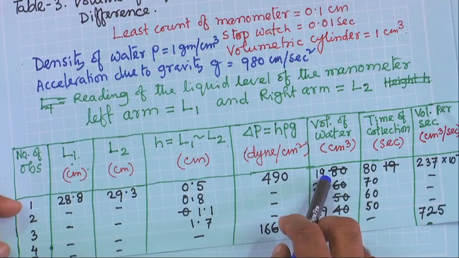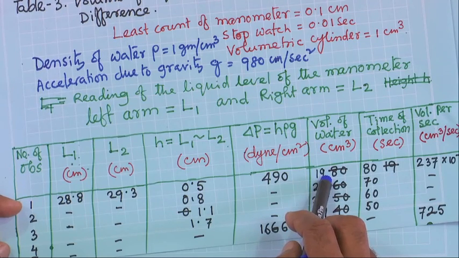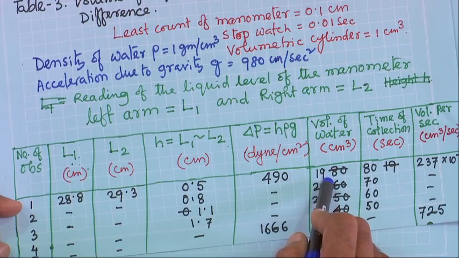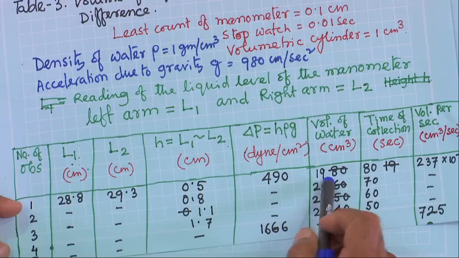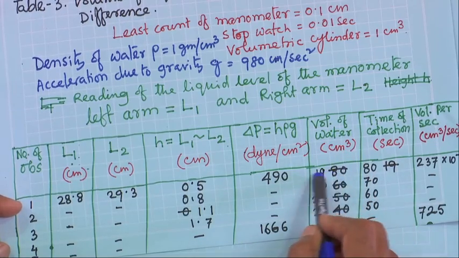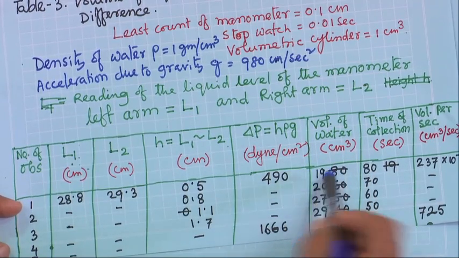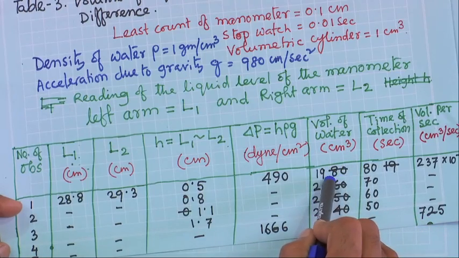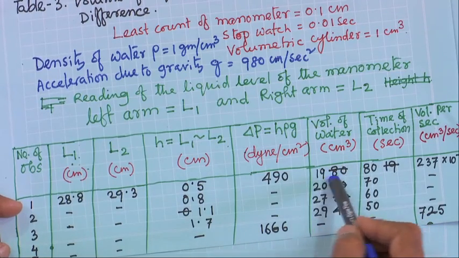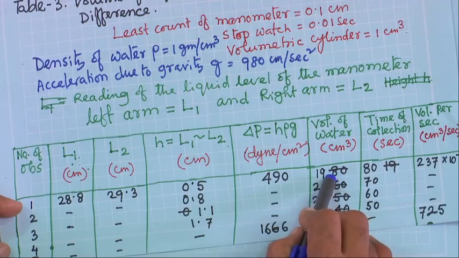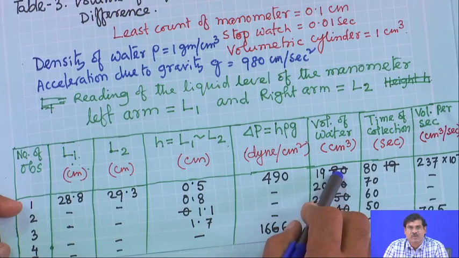If you collect 20, then 1 by 20 is 0.05, so the error will be 5%. To reduce the error, it is better to collect slightly more water, around 40 milliliter to 50 milliliter. That would be better.